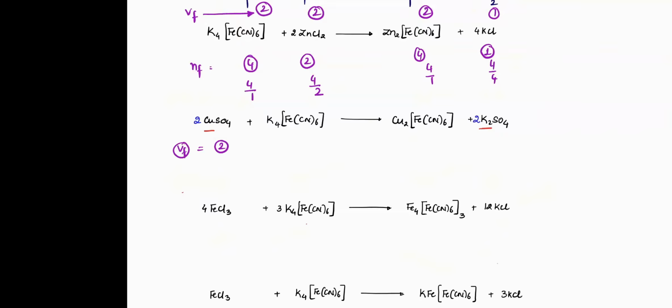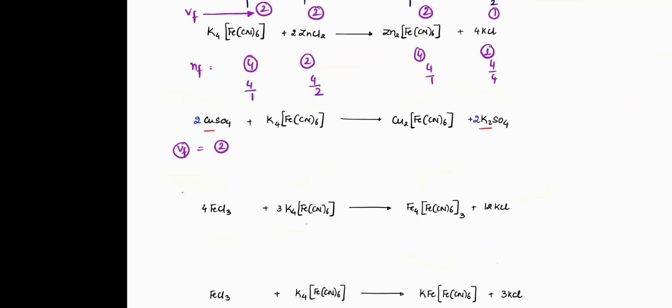If you are writing valency factor 2 here, again you divide it by 2 here, so that will become 1 here. And now here you will be writing 2 by 1 here, 2 by 1 here, and 2 by 2 here. Isn't it? But it appears like the valency factor is actually 2. So it is misleading, right?